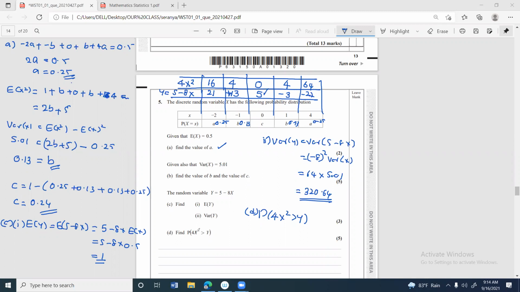Then if you got those values, I just check whether this answer is correct. 1 minus 0.25, plus 0.13, plus 0.13, plus 0.25, 0.24.